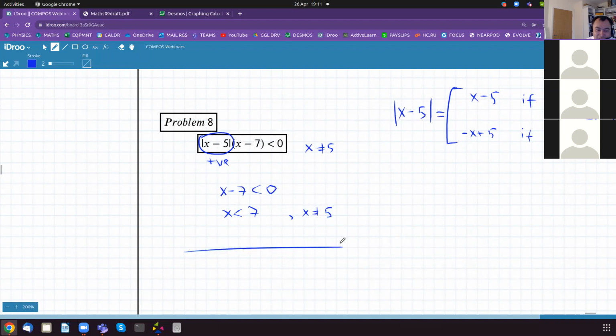So the solution can be drawn here. So 5, 7. So it's going to be this. So x belongs to minus infinity to 5, or 5 to 7. And that's it.